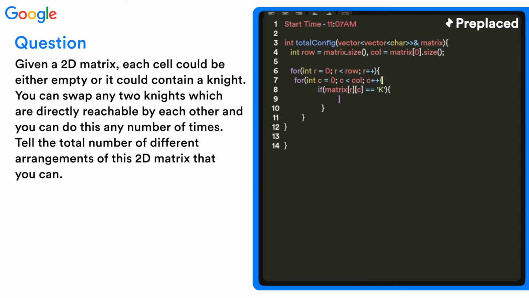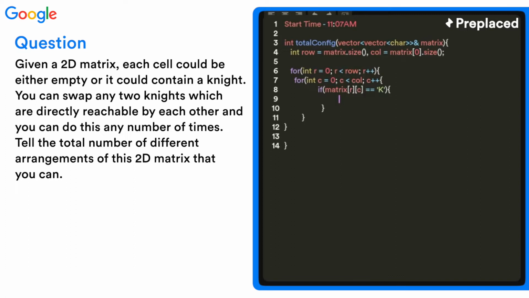So how do I union it? So let's say I'm at position K1. So I can go to all 8 positions from that, and I'll have to union it with all those 8 positions.